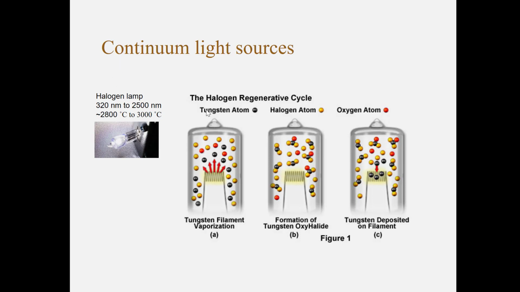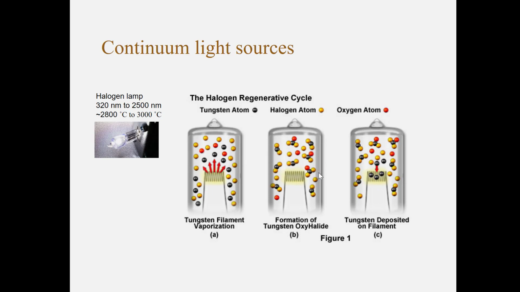So in the first picture here to the left, the black atoms here, they are wolfram or tungsten molecules which evaporate from the wire. And when these atoms come out, they form complexes, that is molecules with the halogen compounds in the gas.